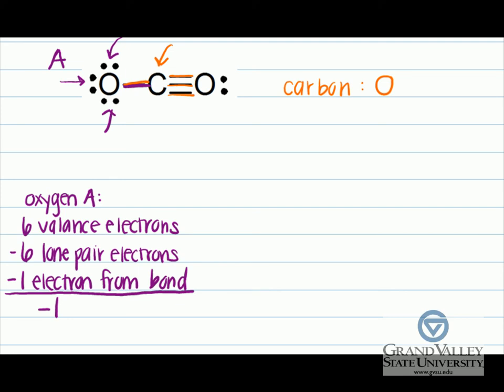Finally, the second oxygen, which we will call oxygen B. Again, oxygen has 6 valence electrons, and in the diagram, it also has one set of lone pair electrons, making 2 lone pair electrons, and 3 bonds.